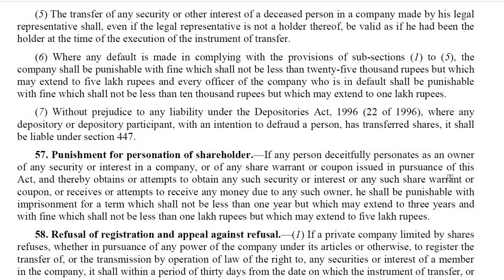Where any default is made in complying with the provisions of subsections 1 to 5, a company shall be punishable with fine which shall not be less than 25,000 rupees, but which may extend to 5 lakh rupees, and every officer of the company who is in default shall be punishable with fine which shall not be less than 10,000 rupees, but which may extend to 1 lakh rupees.